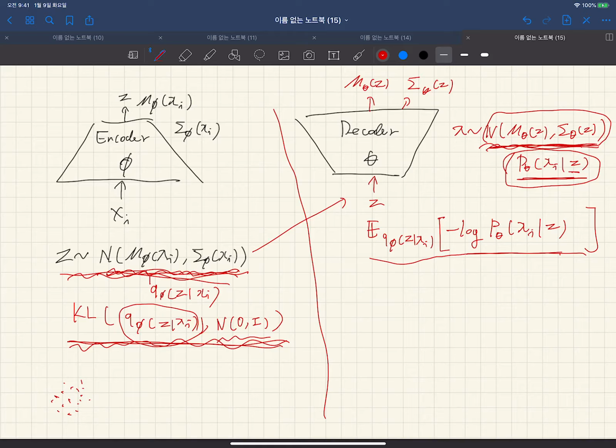Okay, so to make a unit zero mean and unit variance normal distribution, we don't need to make all the conditional distributions zero mean and unit variance. That is true.